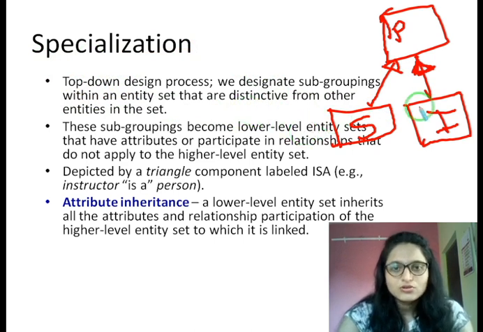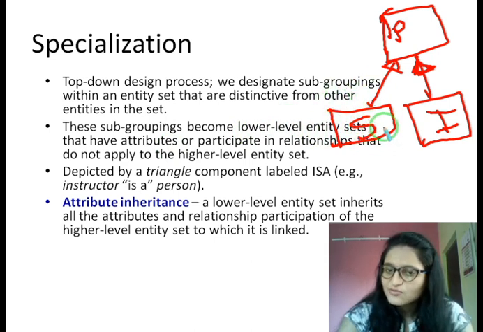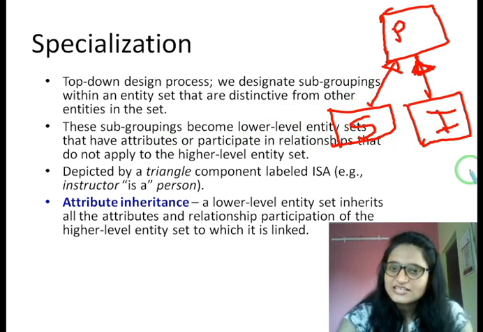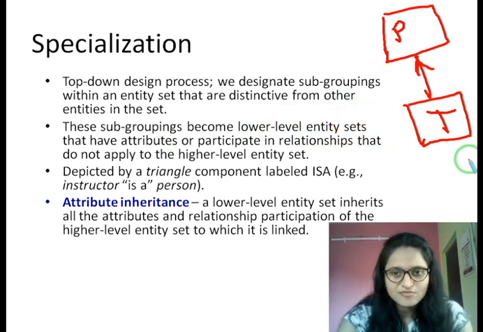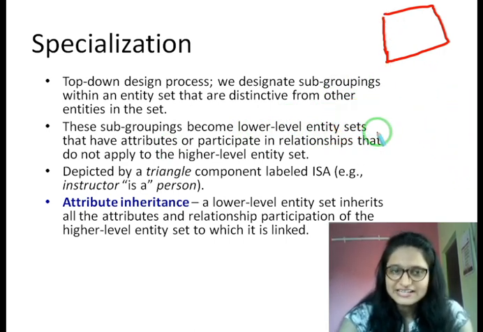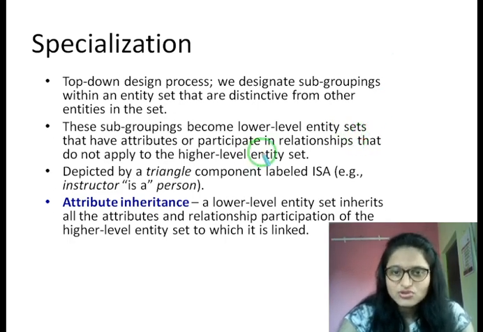Okay. So the subgrouping gets formed. This subgrouping becomes a lower level entity set. Student is one entity set, instructor is one entity set. This lower level entity set has attributes or participates in relationships that do not apply to the higher level entity set.